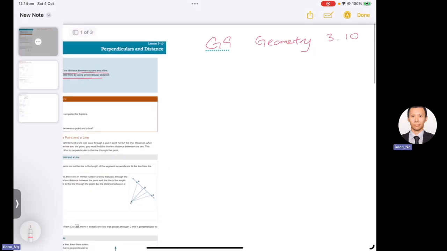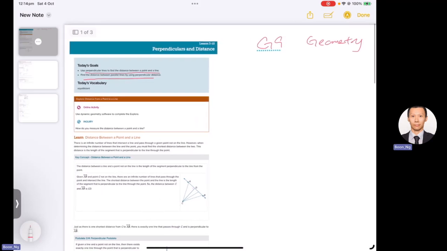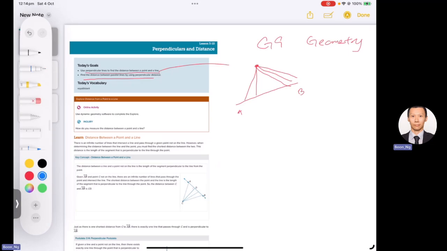So let's start from the first statement. When we have a point and a line, let's call it AB, this point can have all different distances, but the shortest distance from the point to the line AB will be perpendicular.